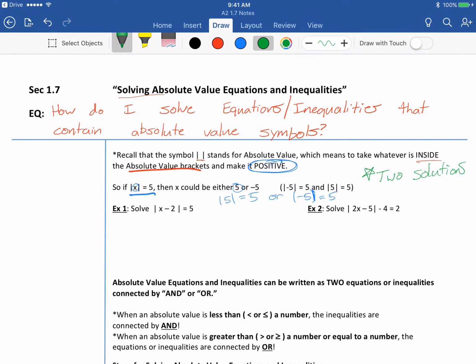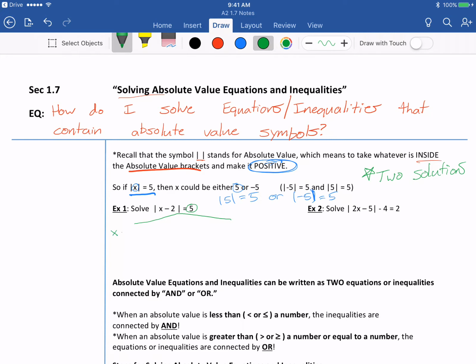All right, so if I look at this first example, the thing that we do to split up absolute value symbols is we accept the positive and the negative answer. So what I like to do is draw a couple branches out because I'm going to have two equations.